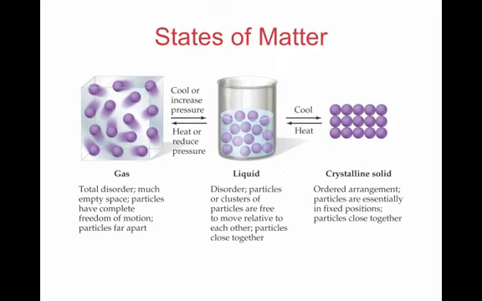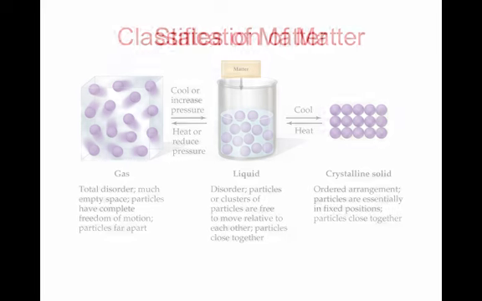In a liquid, our molecules are obviously closer together, and they can flow past one another. They are still moving rapidly, but again, they can slide past one another. And in a solid, molecules are packed closely together in definite arrangements. So you really aren't going to be able to move those atoms, but you should remember that they are still moving.